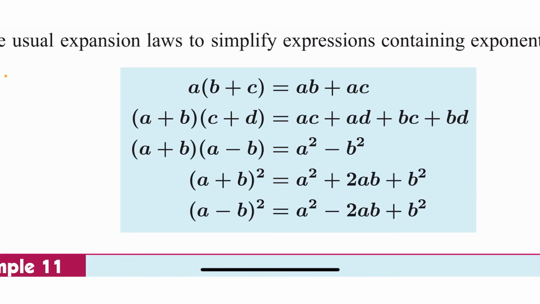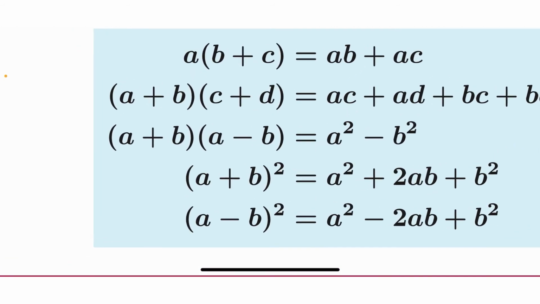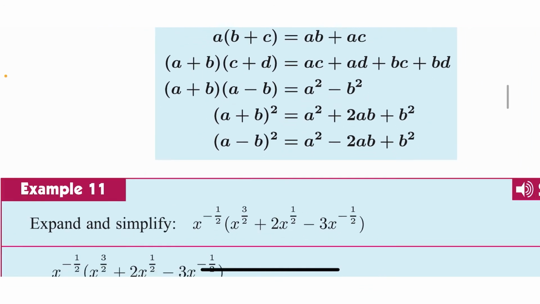We put out of the brackets like terms, like in the first example, a multiplied by the sum of b and c equals, using the distributive law, ab plus ac. Like in the third equation, it is a formula. a plus b multiplied by a minus b gives us a squared minus b squared. So here we can see exponents as well.